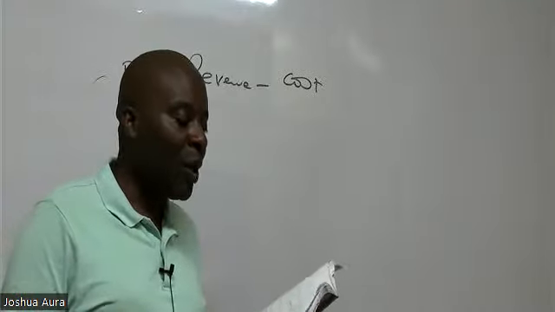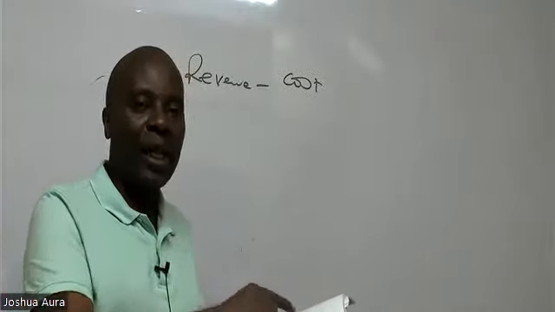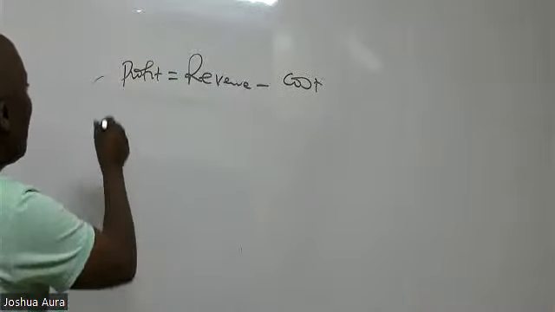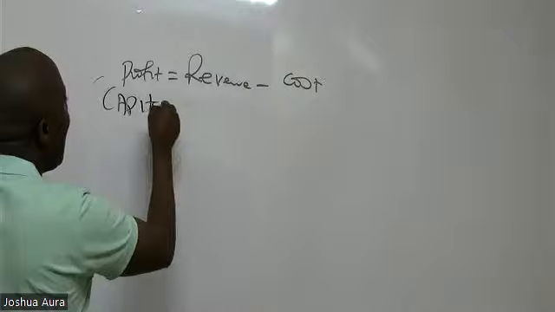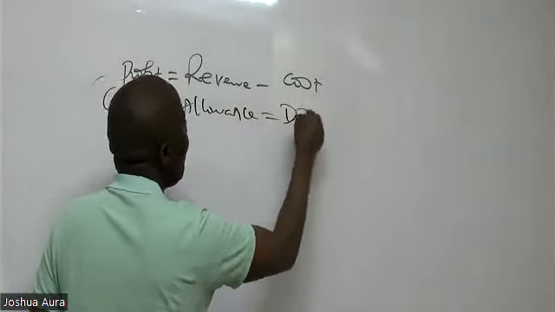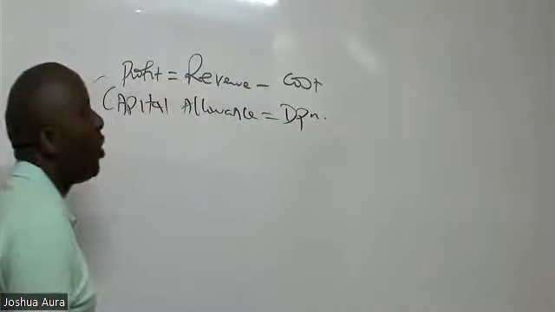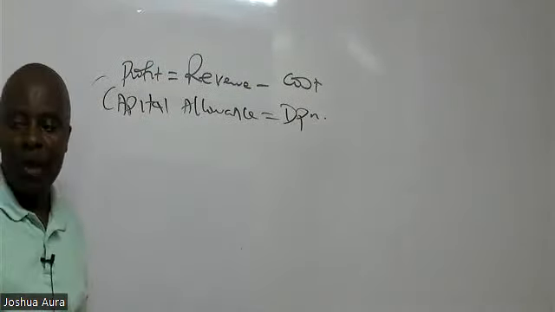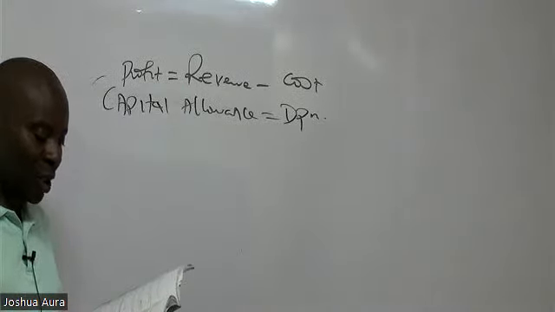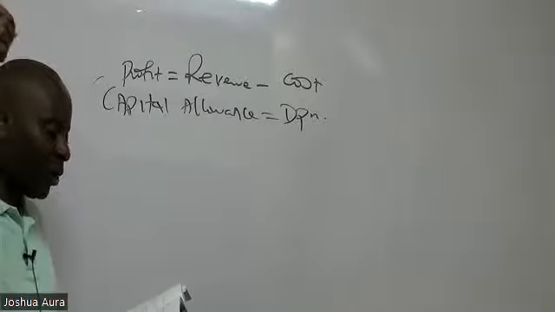Whenever you see capital allowance, simply go there and write in brackets, depreciation. We are learning something very important here: capital allowance will always be equal to depreciation in finance. Very, very important. Great.